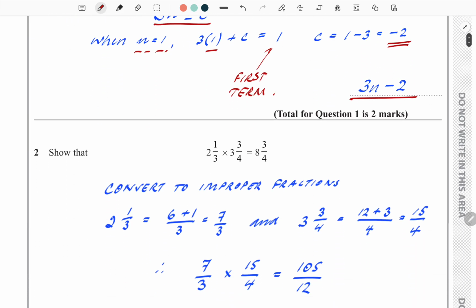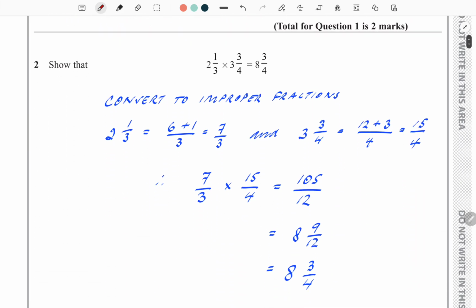All right. Number 2, question number 2. You've got multiplication of mixed numbers. All right. And in order to actually carry out the multiplication, the first thing you have to do is to convert into improper fractions.